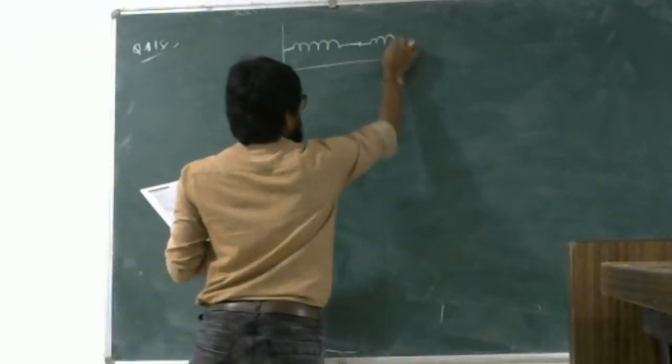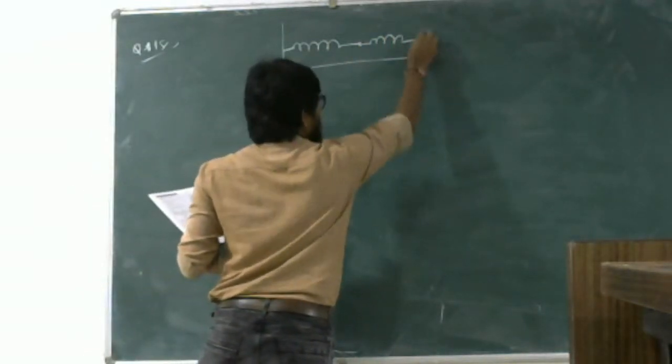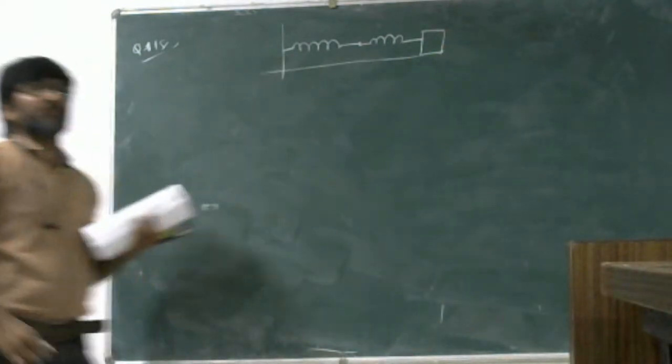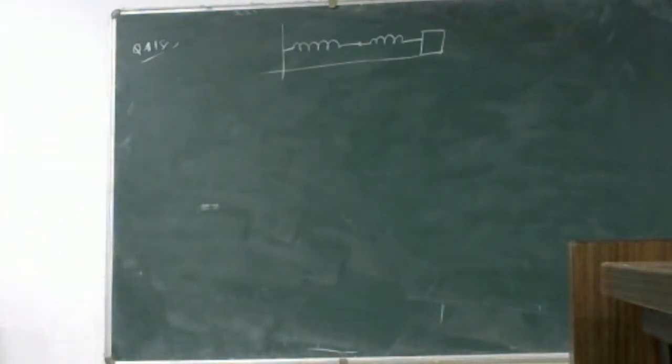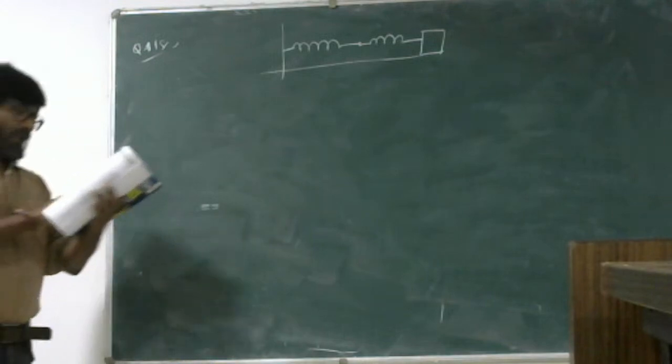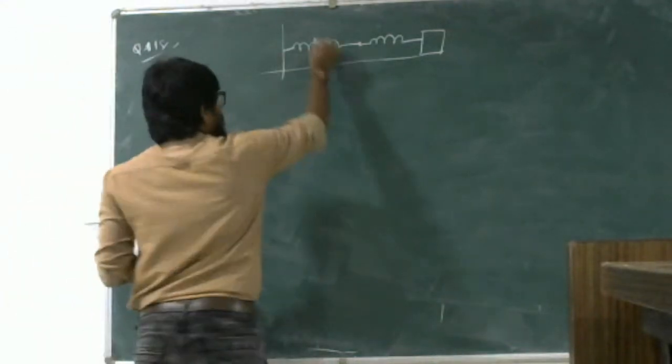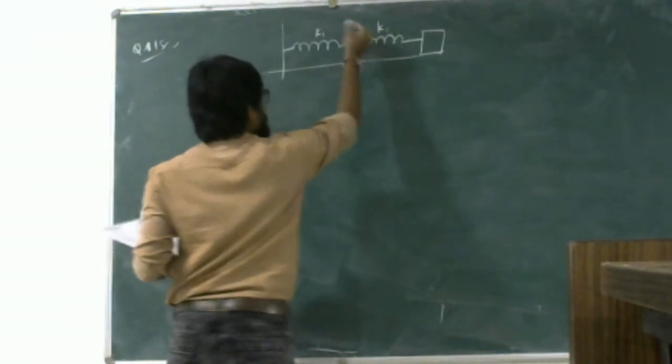At this point, another spring is attached, and the free end of it is attached to a block. The springs are having spring constants. This is the point P.